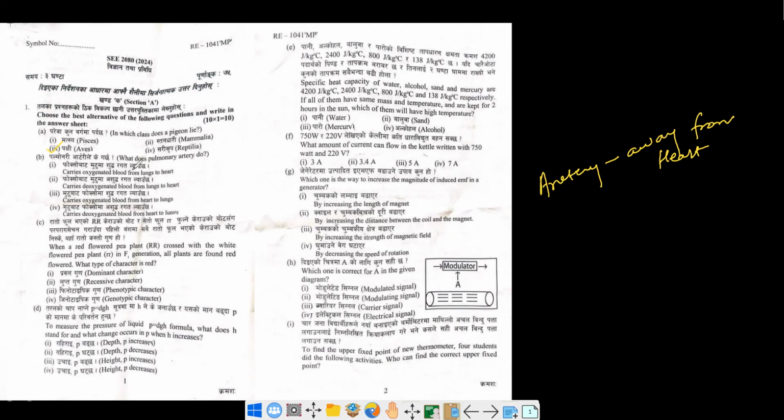It carries the deoxygenated blood from heart to lung, where it becomes oxygenated. So the pulmonary artery will carry the blood away from the heart.